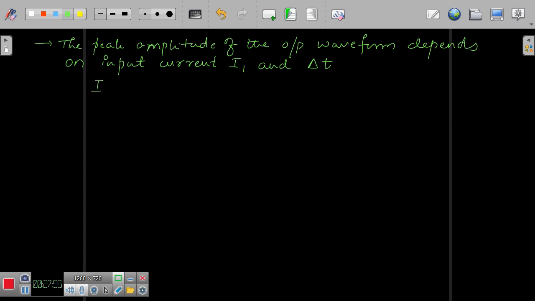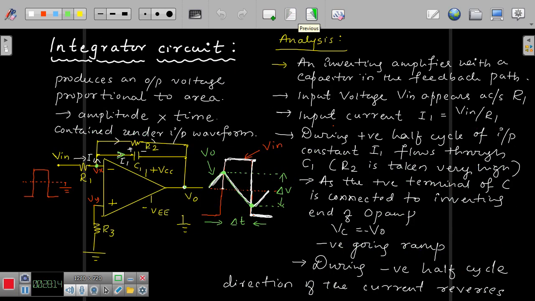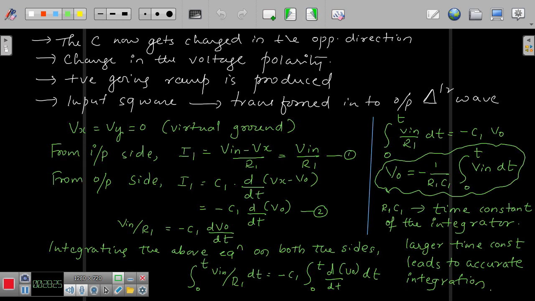Now we have I1 is proportional to the input peak value Vp. I don't know whether I have marked it or not here. Input peak value, this is your Vp peak value, right? Your current is definitely proportional to the input peak value.